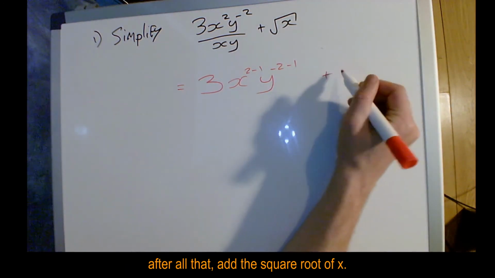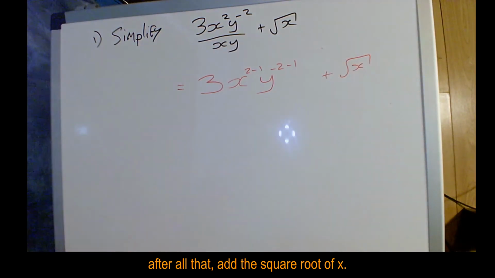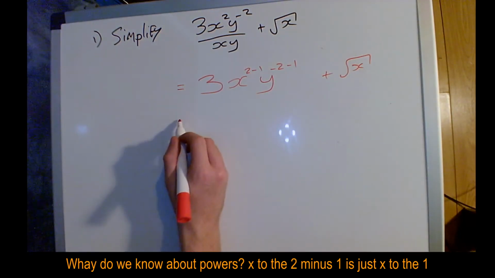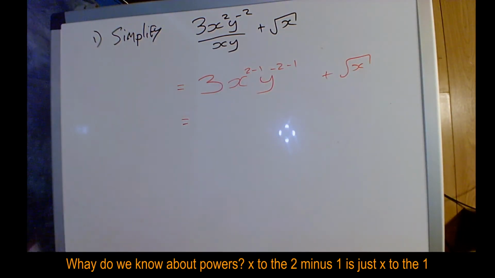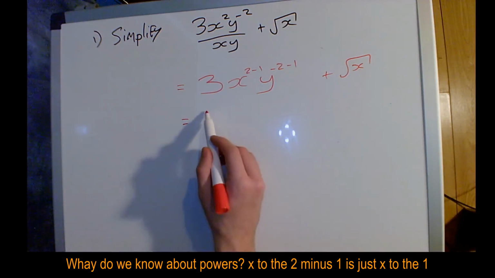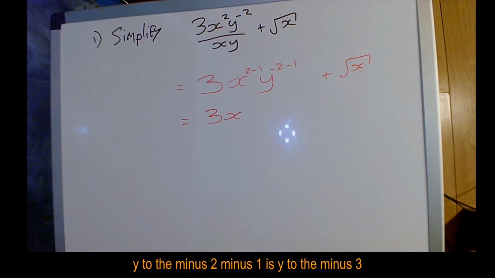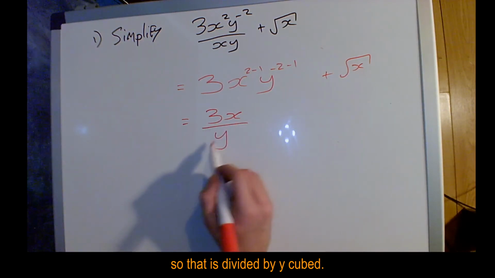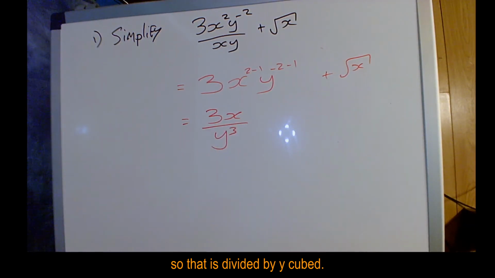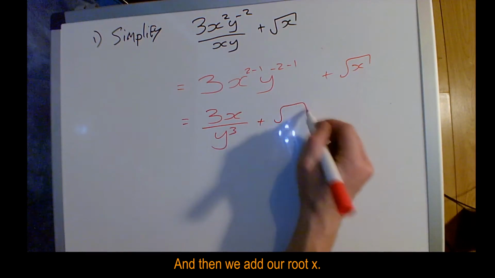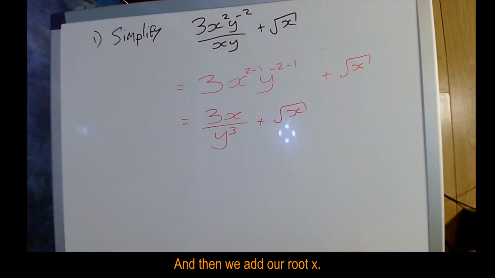Right? After all of that, we take the square root of x. Now what do we know about powers? X to the 2 minus 1 is just x to the 1, so that's just 3x. Y to the minus 2 minus 1 is y to the minus 3, so that is divided by y cubed. Then we add our root x.